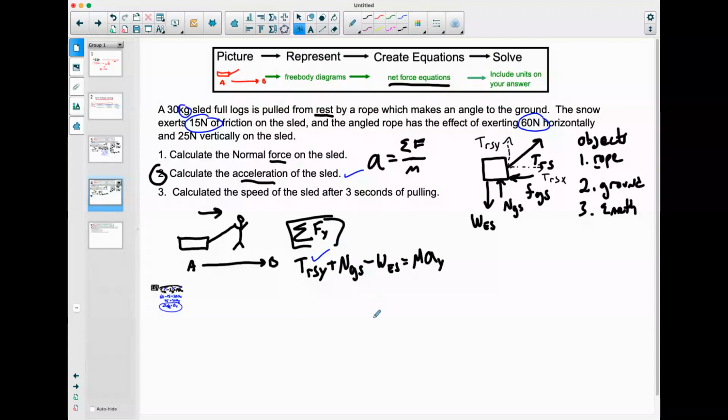So we know that. The normal force is what we're trying to solve for. The weight is not given. The 30 is kilograms. That's mass. That's known. And you may think that the acceleration vertically, the y acceleration, is not known for this sled, but it actually is, because this thing is not accelerating upward or downwards. It's at rest vertically, and it's staying at rest vertically, which means its acceleration is 0. So that's also known.